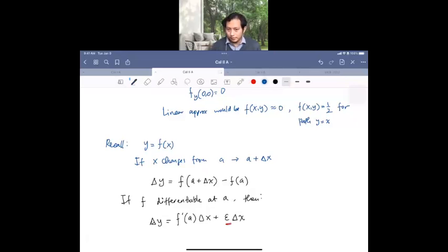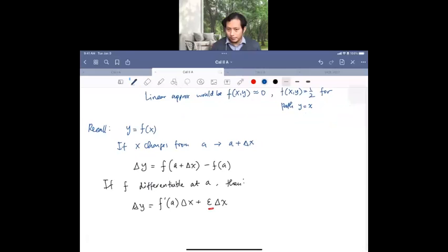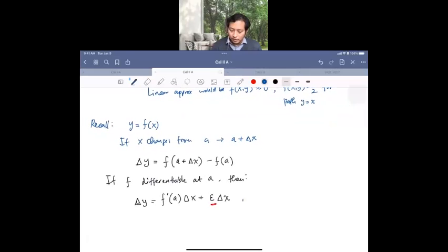This is, I think, in chapter 3 in calculus 1, where epsilon goes to 0 as delta x goes to 0.